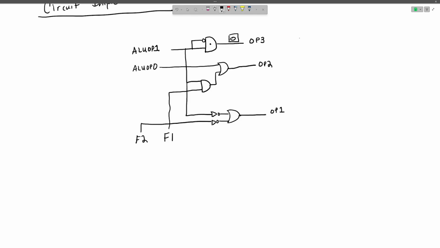And then for our OP0, we're going to have an AND gate, and that AND gate is going to have two inputs. One is going to be an OR gate, and the other one is going to be ALUOp1.